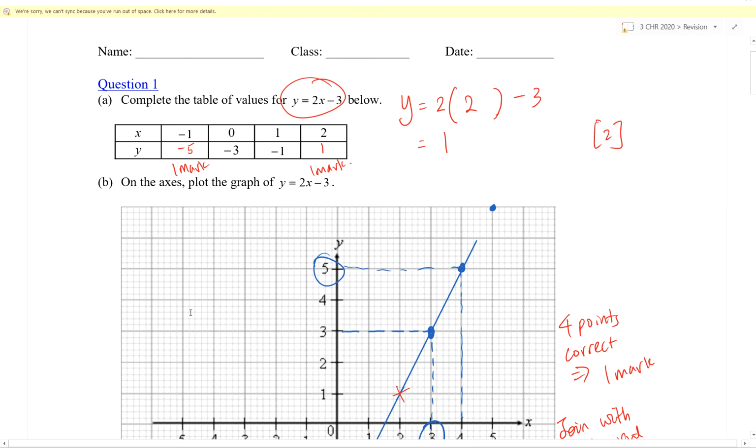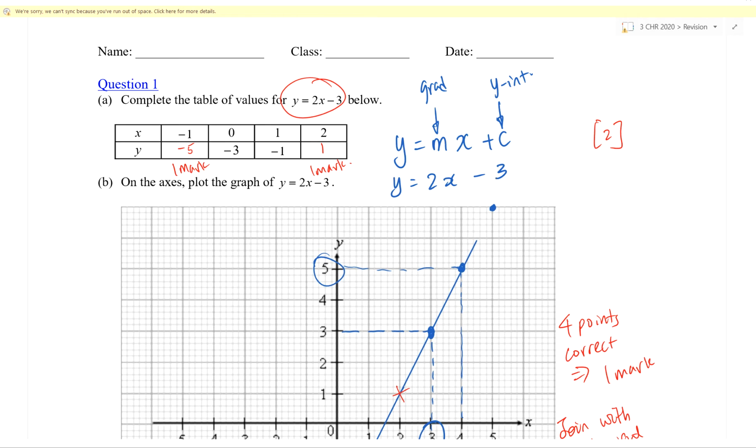We compare that with y equals mx plus c, where m is our gradient, c is our y-intercept. So I put on the equation y equals 2x minus 3. We can compare directly y and y, m and 2. So the gradient is 2.